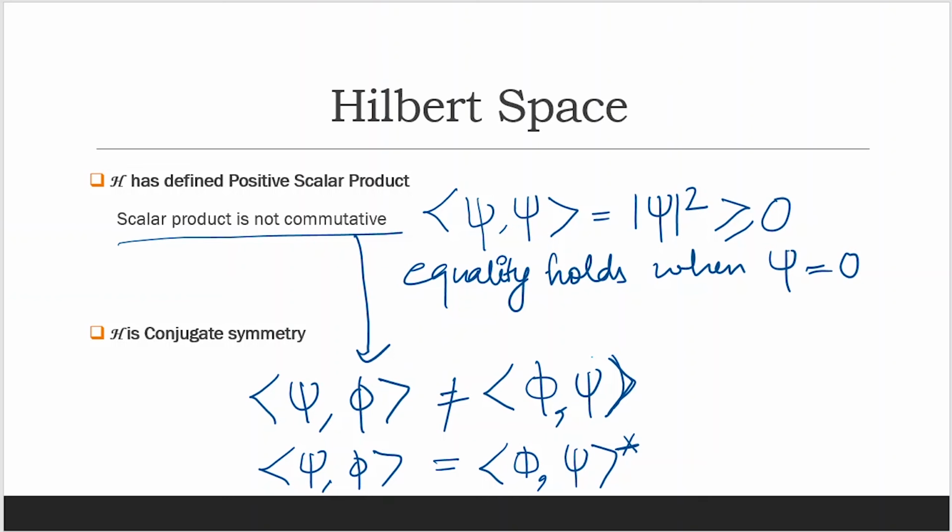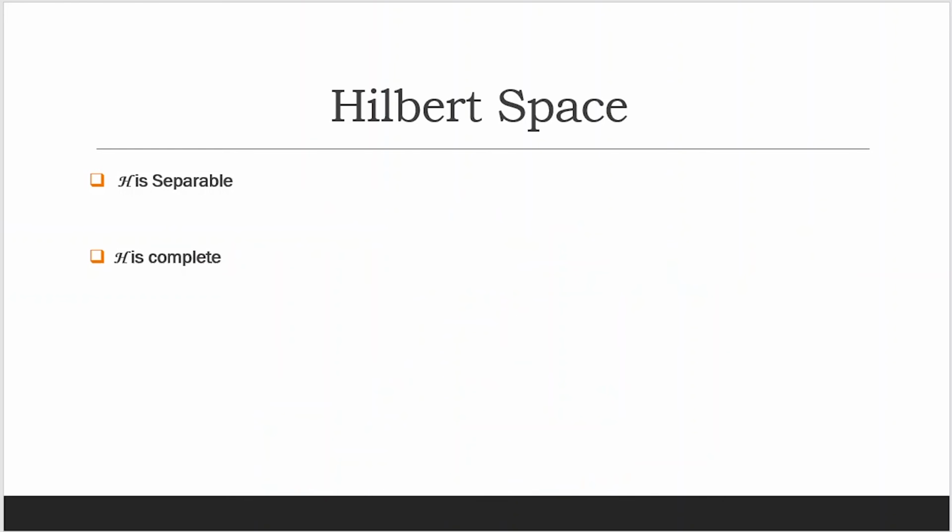Moving to our next property, Hilbert space is separable. For a space to be separable, it has to have a countable plus dense subset, so that we can approach it from anywhere and it can be countable.